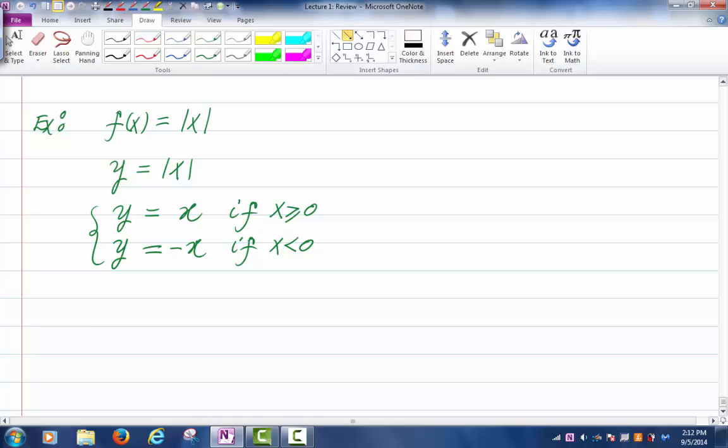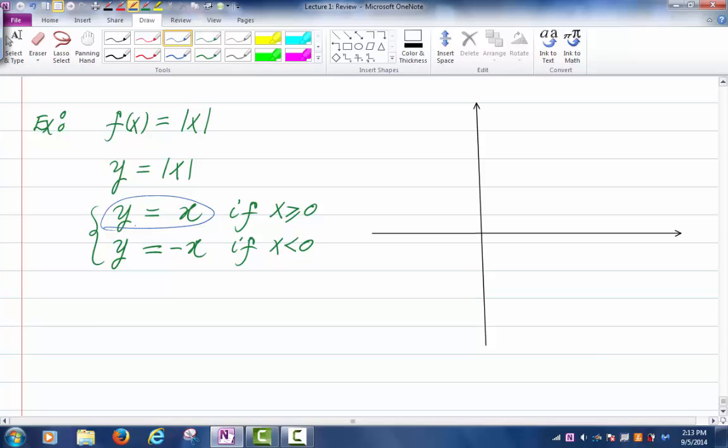So what's the graph of this function then? Well, what you get is the following. Let's say I have my x-axis and y-axis here. And first of all, what's the graph of the equation y equals x? Well, that's just a straight line, we know. So let's make that.